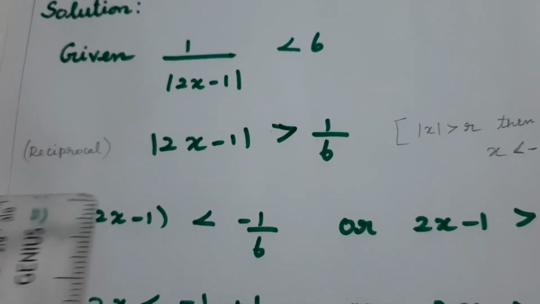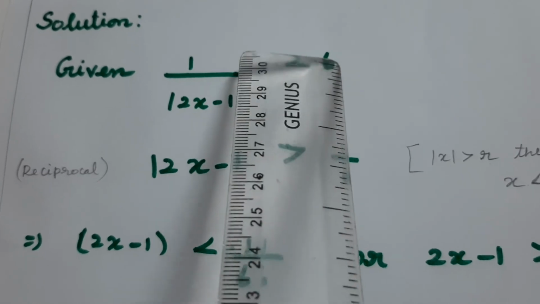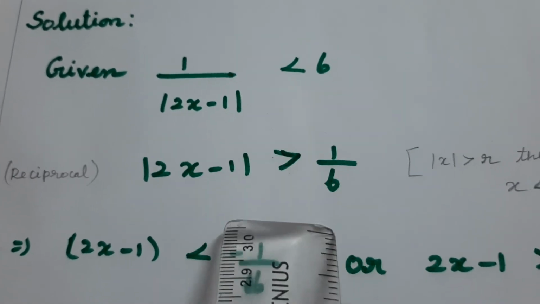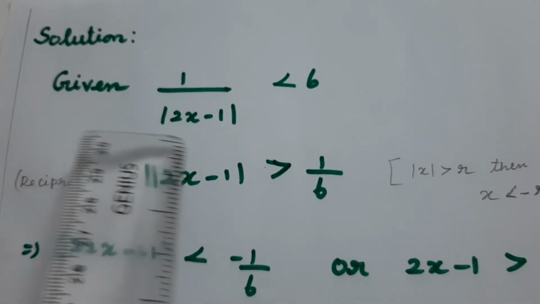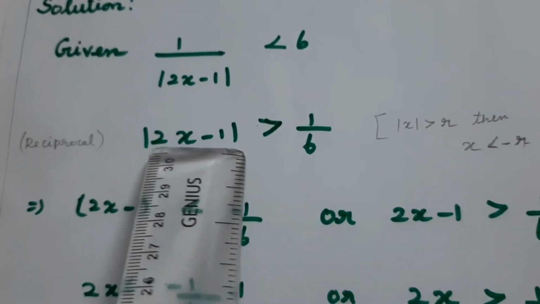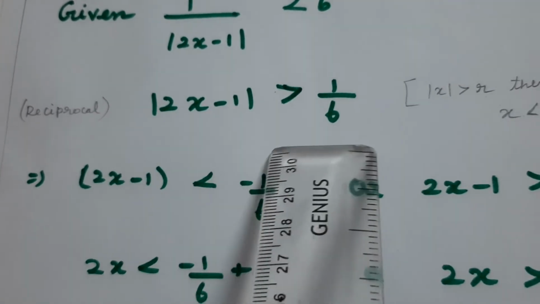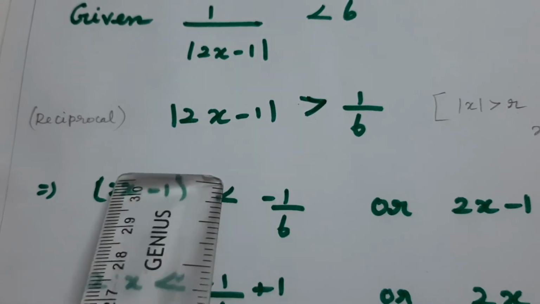Take the reciprocal. When you take the reciprocal, your sign is changed to greater than. The reciprocal of 6 is 1 by 6. The reciprocal of 1 by this value is the value itself. So you will have modulus of 2x minus 1 is greater than 1 by 6. It is in the second property.